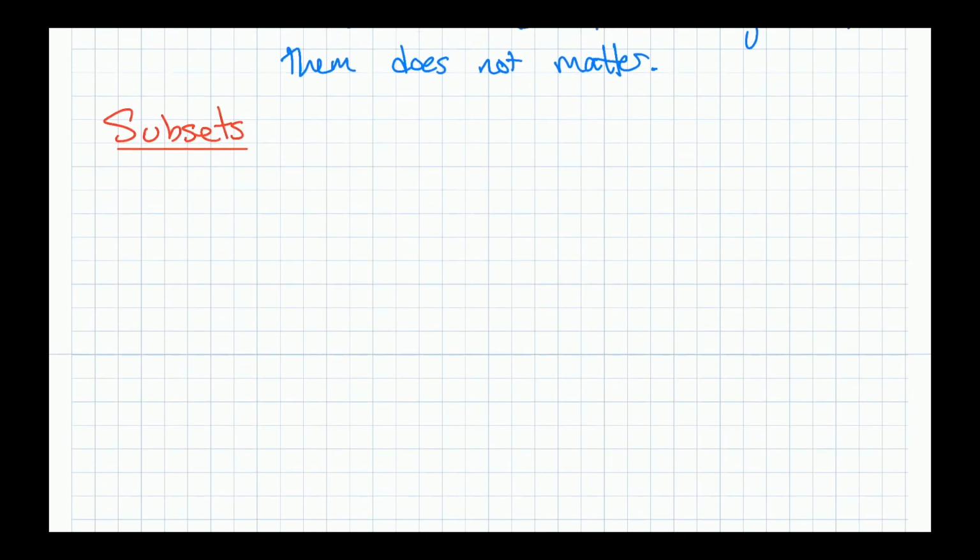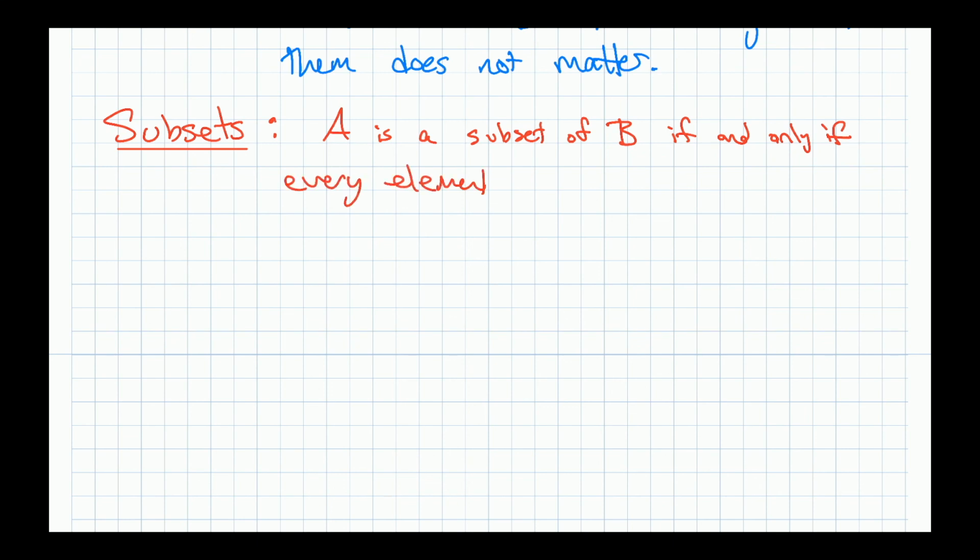We say A is a subset of B if and only if every element of A is an element of B. And then the symbol for it is this.